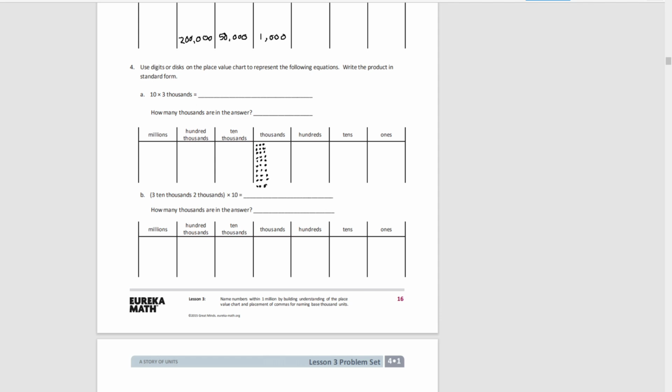So how many thousands are in the answer? Well, we have 10, 20, 30,000. So how do we write 30,000s? We write it as 30,000.